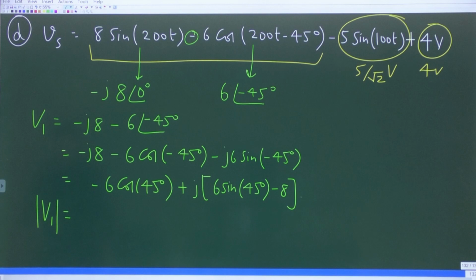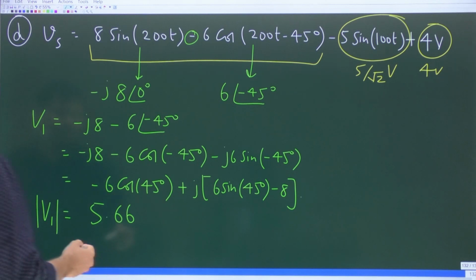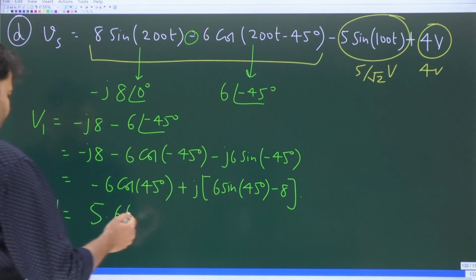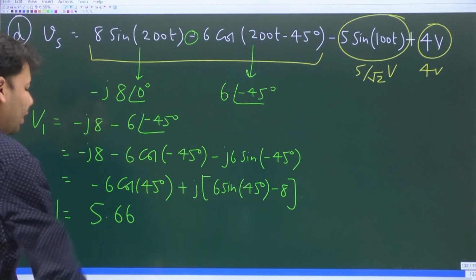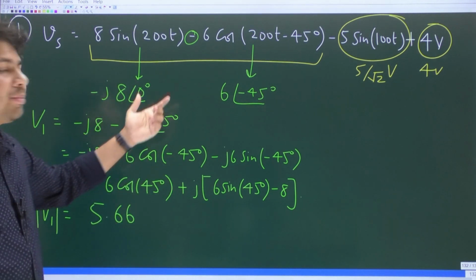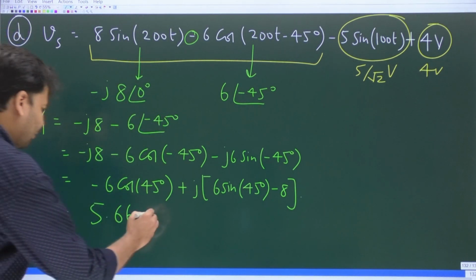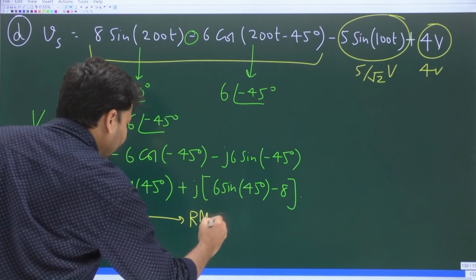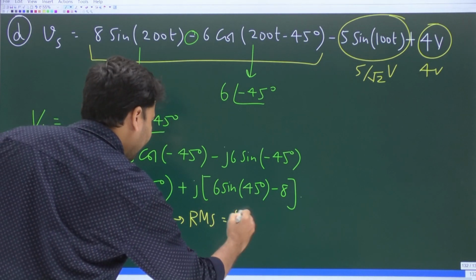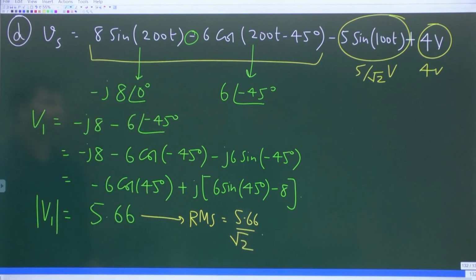So mod V1 is 5.66. This 5.66 is the amplitude of the voltage component at a frequency of 200 radians per second. So for this, the RMS value would be 5.66 by root 2.